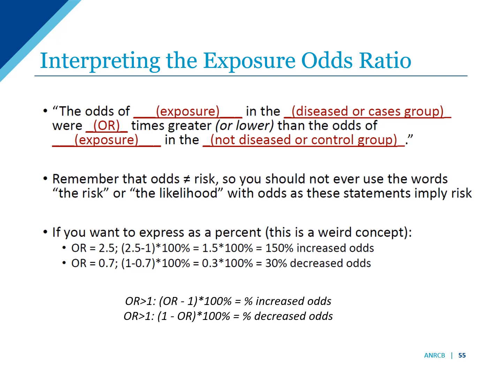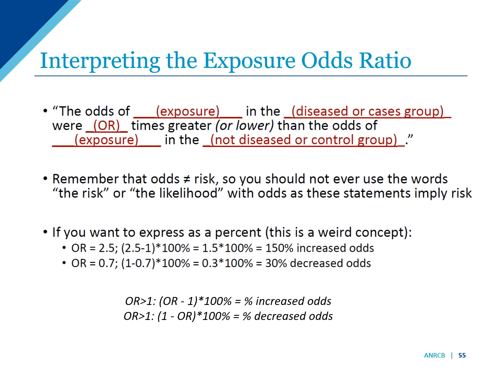In interpreting the exposure odds ratio, we say the odds of exposure in the diseased or cases group were the value of the OR times greater or lower than the odds of exposure in the not diseased or control group. This is not risk, this is odds, so we don't use terms like risk or likely.